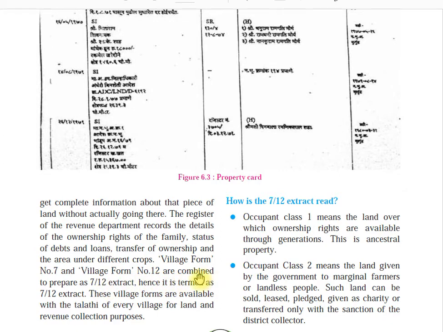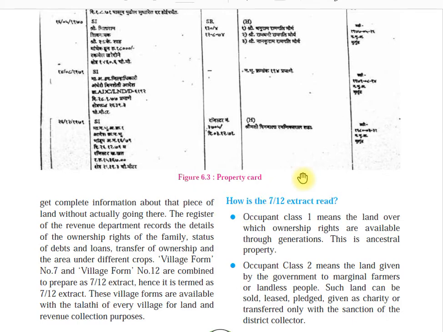Hence, it is termed as 7 by 12 extract. These village forms are available with the talati of every village. So who has got this form? These forms are with the talati, who's the village worker who comes under the government, for every village for land and revenue collection purpose.